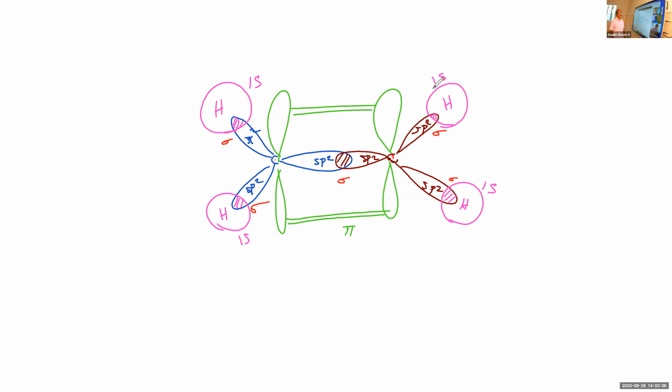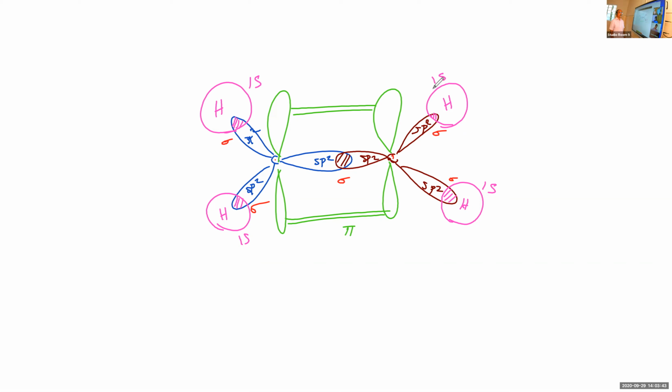So in the double bond, remember this, the unhybridized p orbitals, although they are drawn on the same plane, bear in mind they are not in the same plane. The green orbitals are not on the same plane. They are perpendicular to the plane. These two are perpendicular to the plane and they are mutually parallel also, and they join sideways, forming pi bond.